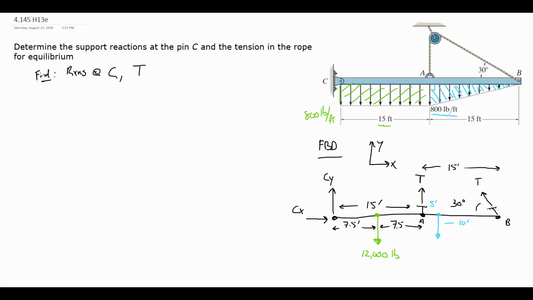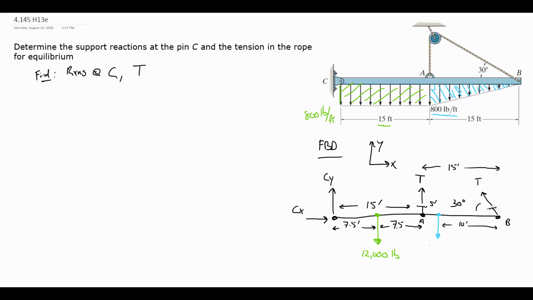So I'll put both of those dimensions in here, in the regular font. So 10 feet from B, 5 feet from A. Okay, so that's its location, and now I need the equivalent force. Just like with the rectangle, the equivalent force is the area under my distributed load.